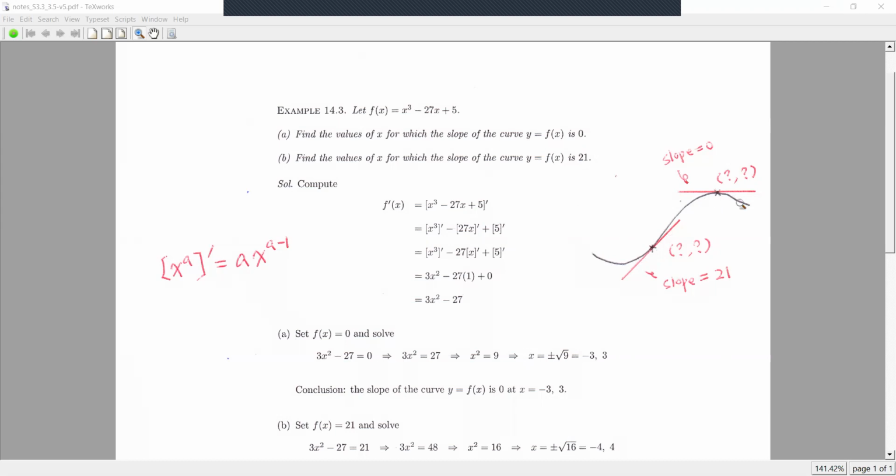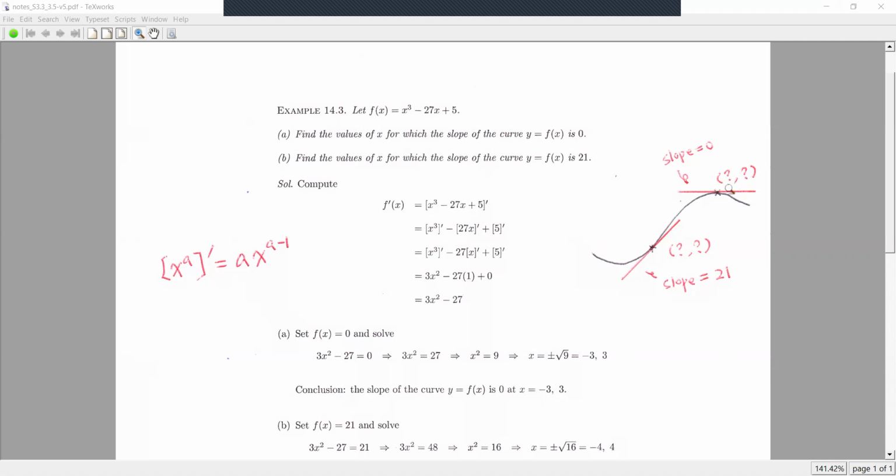Suppose this curve is the graph of this function. At some point on the graph, the tangent line is horizontal. You need to determine the x-coordinate of the point. Because this point is on the graph of the function, y-coordinate of this point is the function value at the x-coordinate.